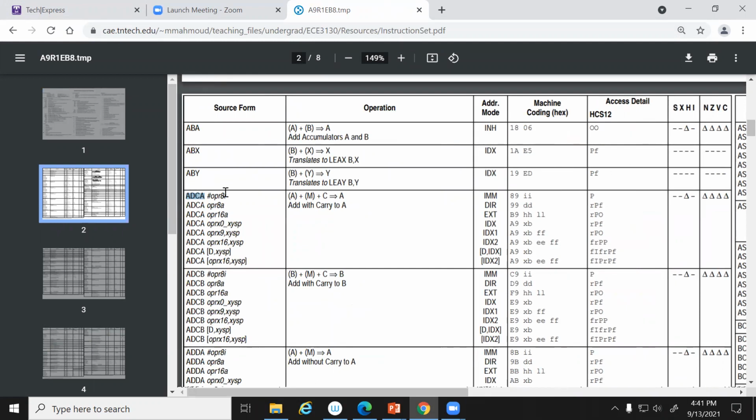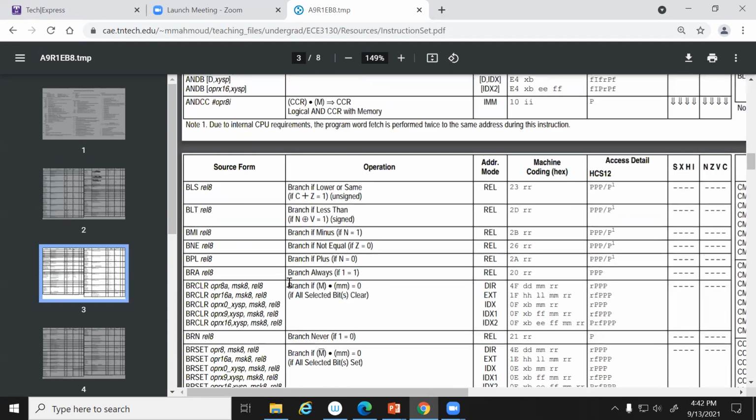This is add with carry. Add with carry is going to change the carry flag, as you see here. This triangle means it changes it. This dash means it does not change it. So you can see here, add with carry changes all the flags, the 4 flags here.